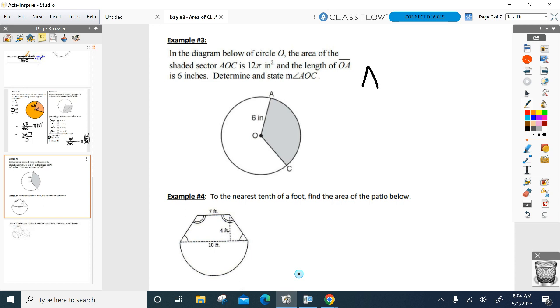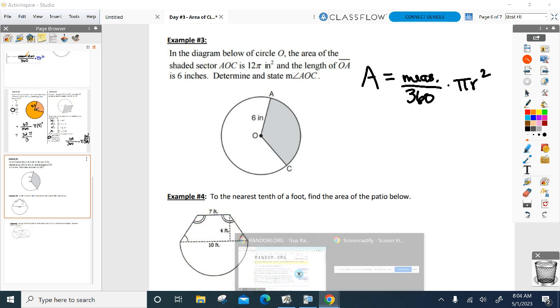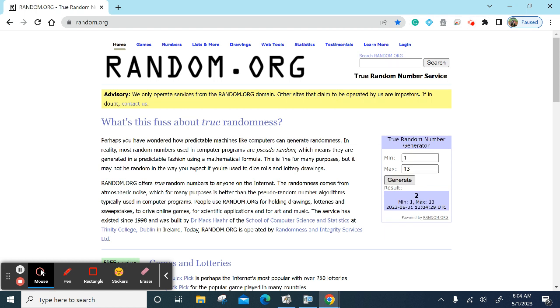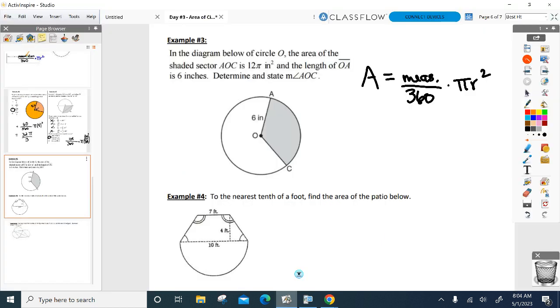So let me just write the formula out again. Measure over 360 times pi r squared. Where's the 12 pi going? What's the 12 pi represent in this problem?